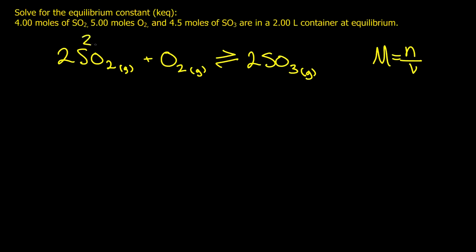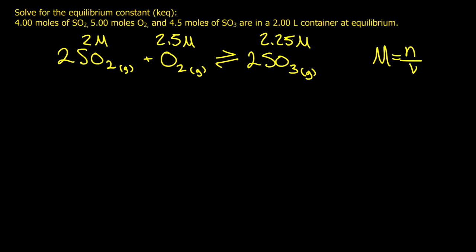That's going to be 2 molar for this first species. 5 divided by 2, that's going to be 2.5 for oxygen. And 4.5 divided by 2 is going to be 2.25 molar for SO3. So there are our concentrations.